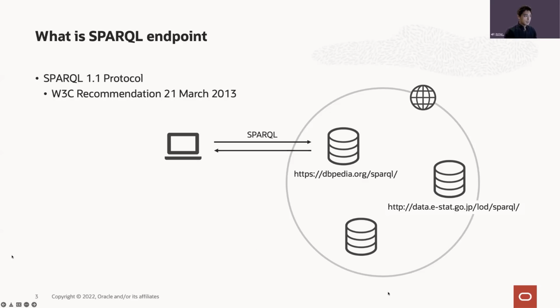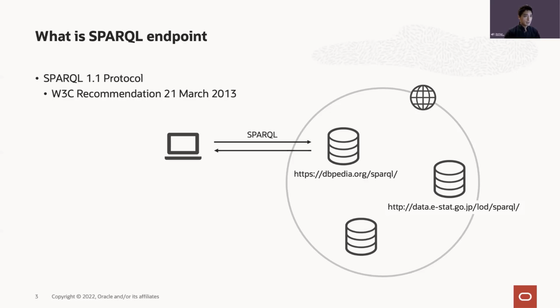Organizations such as DBpedia, which is a clone of Wikipedia, or National Statistics Center of Japan or other countries, sometimes life science institutes, are publishing their own data for collaborating with other institutes.